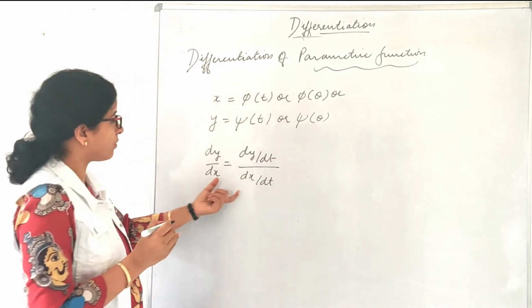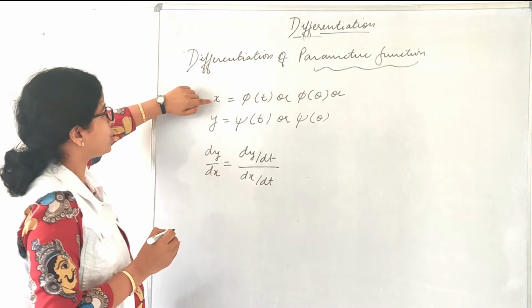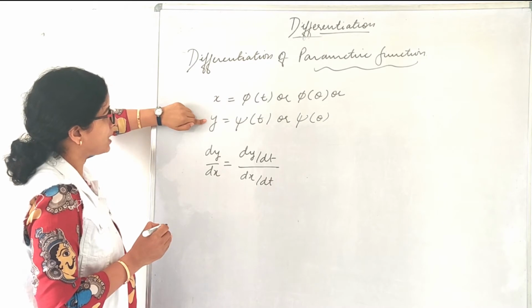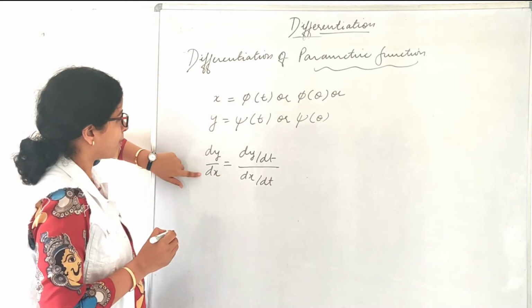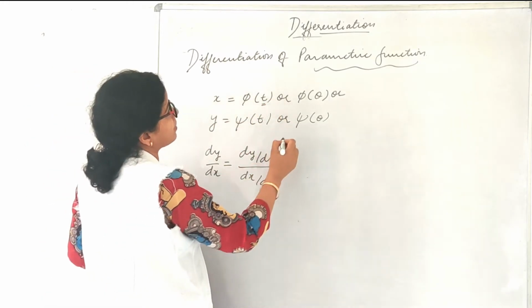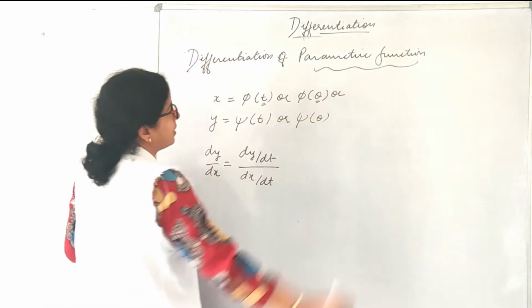Is it clear? So what we do exactly? We differentiate x with respect to t, we differentiate y with respect to t, and then we find dy by dx. Is that clear? And here t is the parameter. Here theta is the parameter.